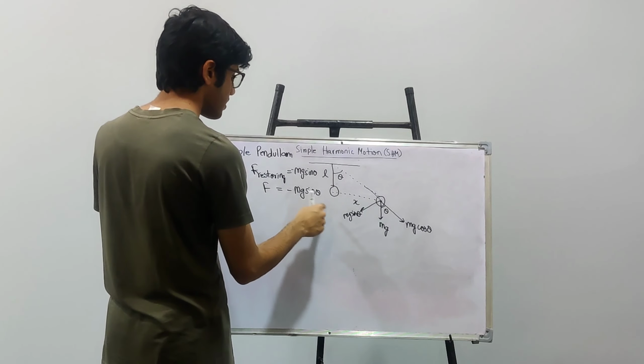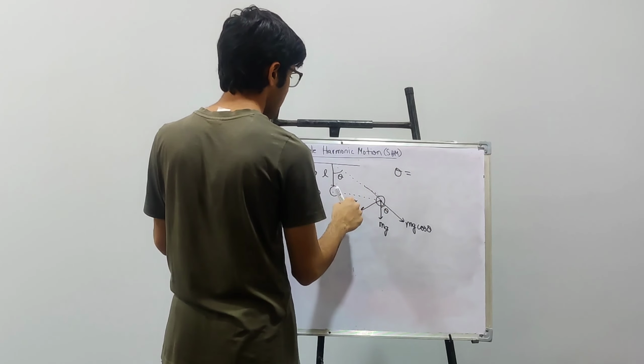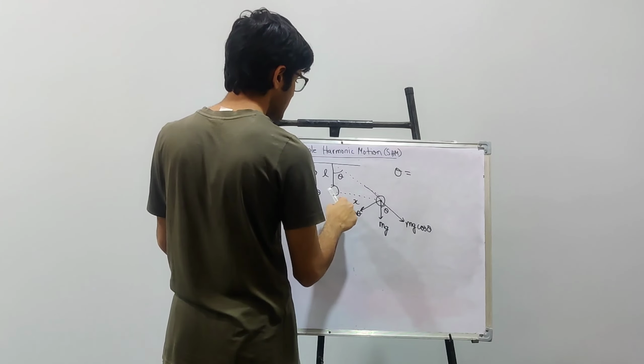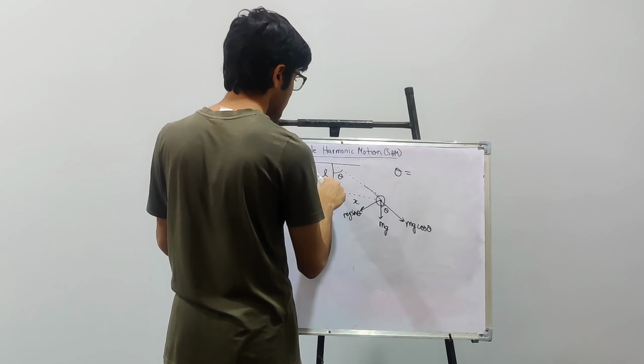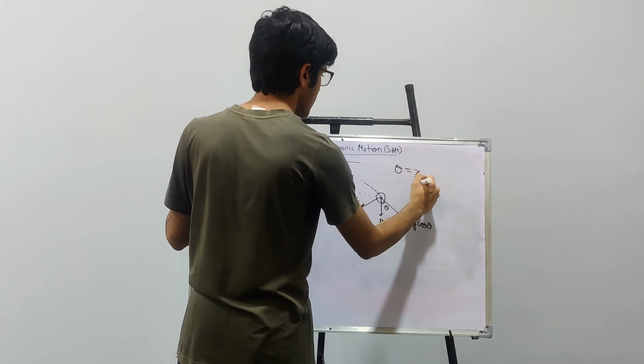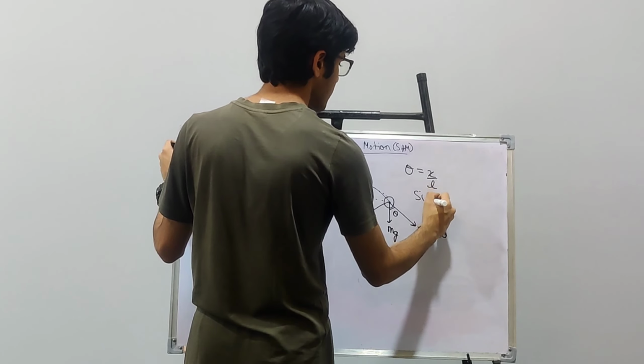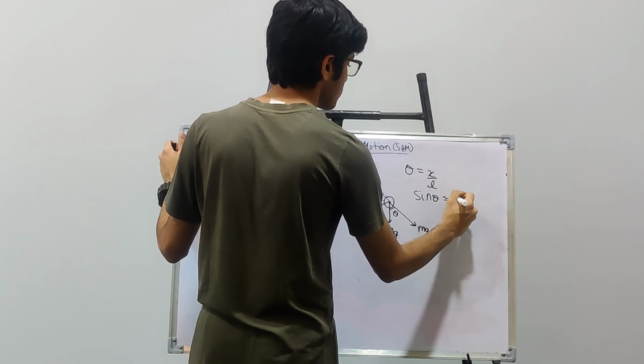And we also know that theta is equal to arc by radius. In this case, the arc is x and r is the radius, so r is L. Arc upon radius, basically, theta is equal to x upon L. And if theta is very, very small, sin theta is almost equal to theta.